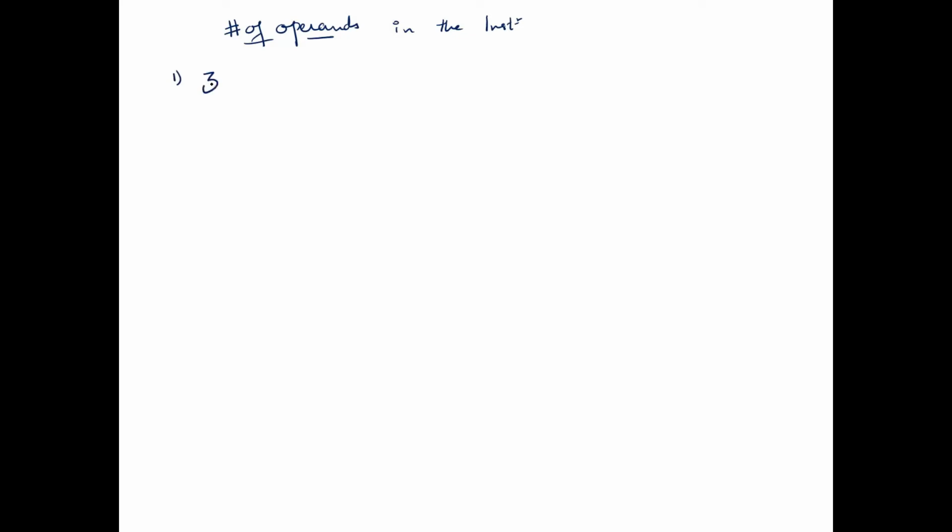One is zero address instruction format. Similarly, we have one address instruction format. Then we have two address instruction format, and three address instruction format, and then finally we have four address instruction format.